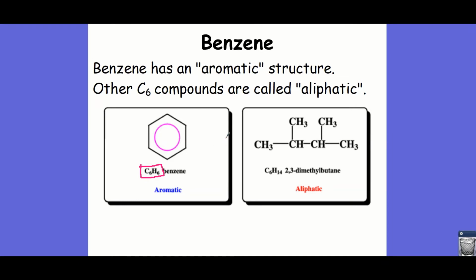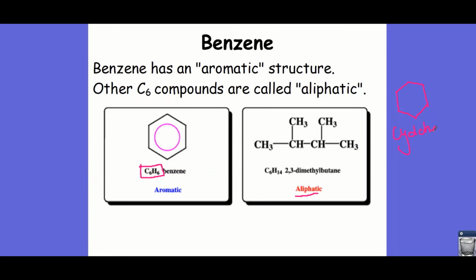Just to note that while benzene and compounds that have this ring structure and delocalized electrons we class as aromatic, any hydrocarbon that's not aromatic is aliphatic. Okay, so if I draw at the side here, this structure here, that's just the skeletal diagram for cyclohexane.